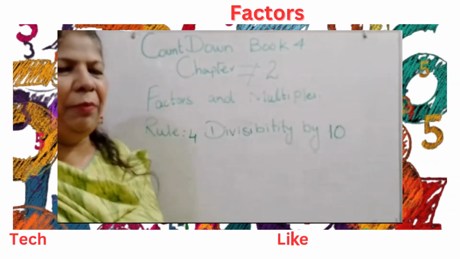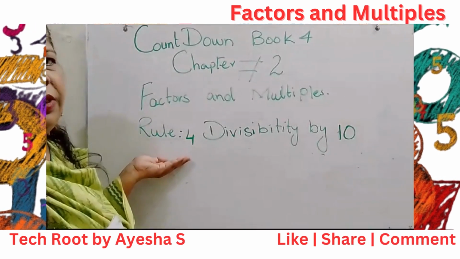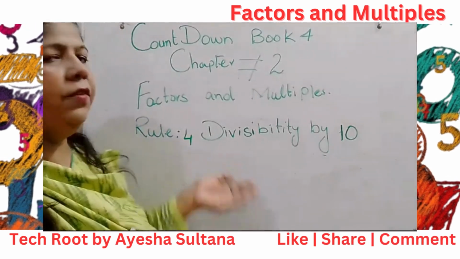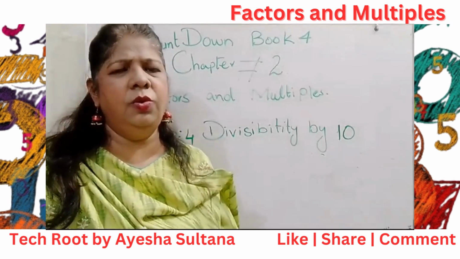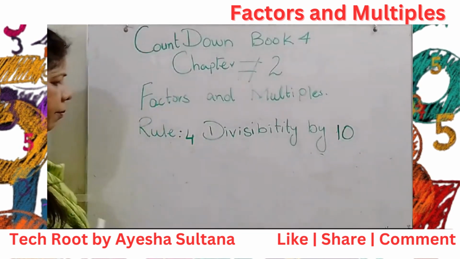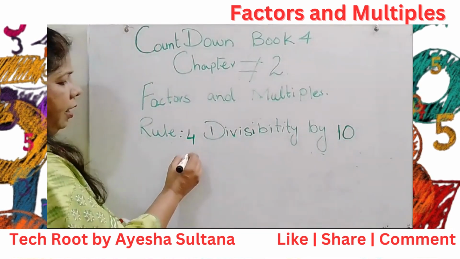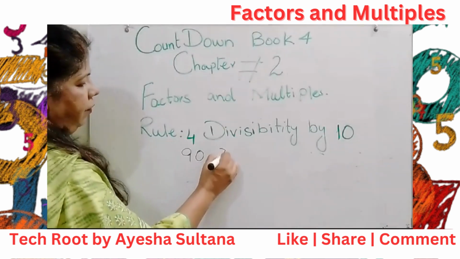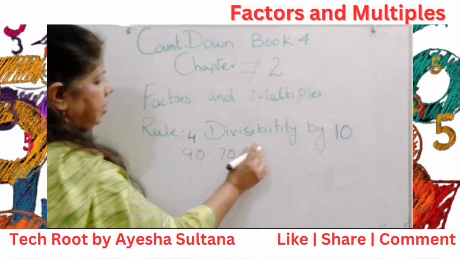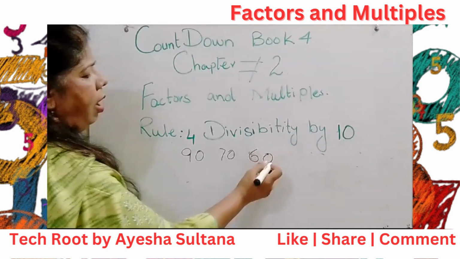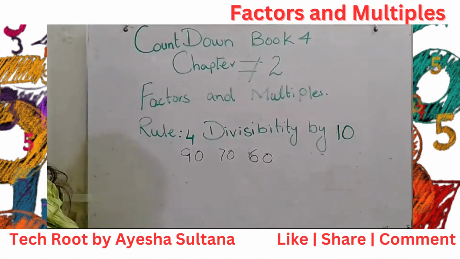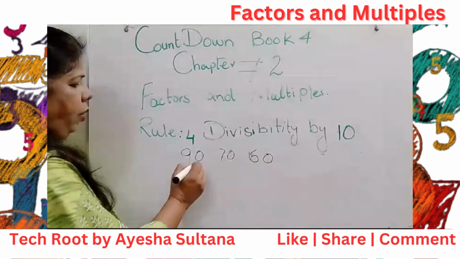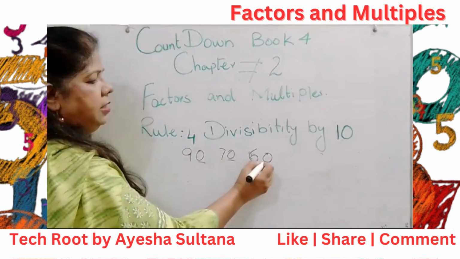Now the next rule, rule number 4, divisibility by 10. This is so easy. Whenever we see a number which has 0 at the end, let's suppose 90, 70, 60, these are all divisible by 10. We just have to see only one digit, that is 0.